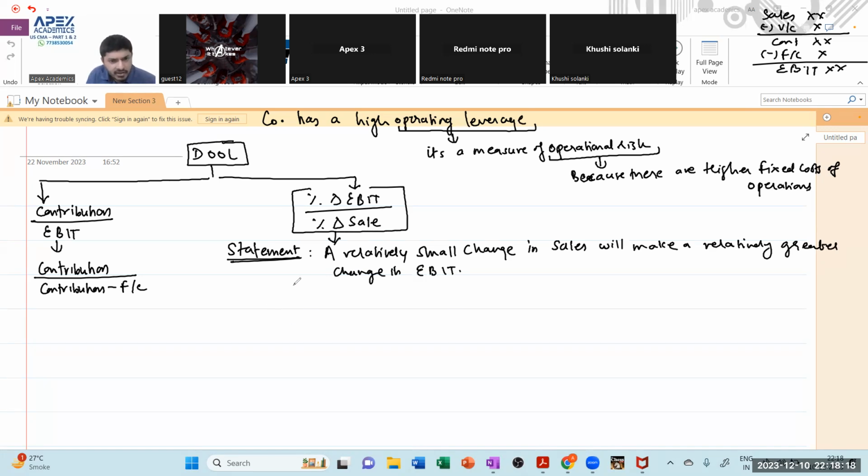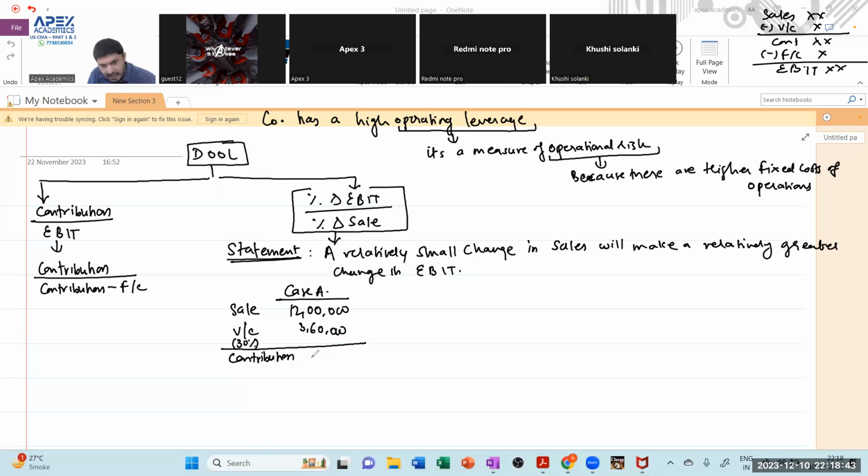I will explain. Let us see case A. In case A, I have sales of 12 lakhs. I have variable cost is 30%. So 12 threes are 36. What I have got over here? Contribution.